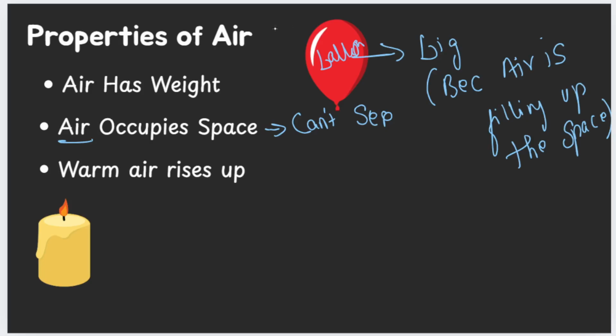Air occupies space. Next, the last property is that warm air rises up. What does warm air rises up mean? Have you ever heard this phrase? It means that when you heat air, it becomes lighter and moves upward.